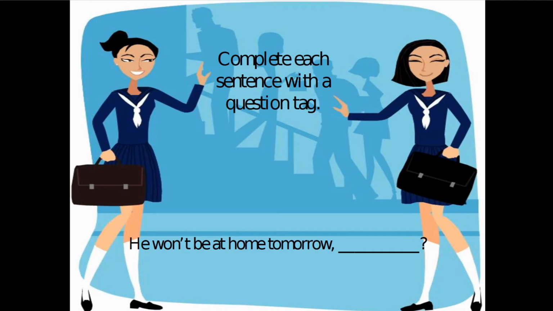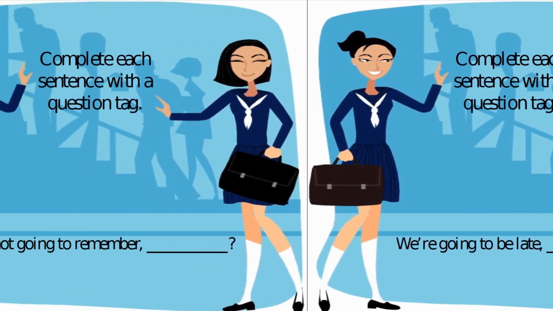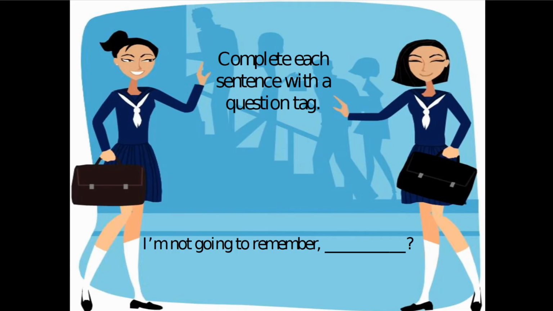He won't be at home tomorrow, will he? We are going to be late. We are going to be late, aren't we? I'm not going to remember. I'm not going to remember, am I?